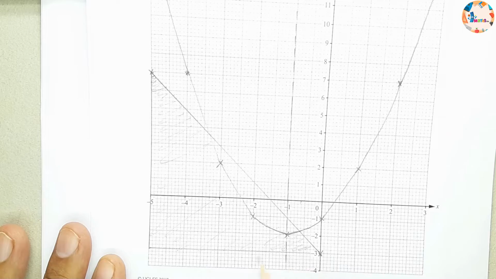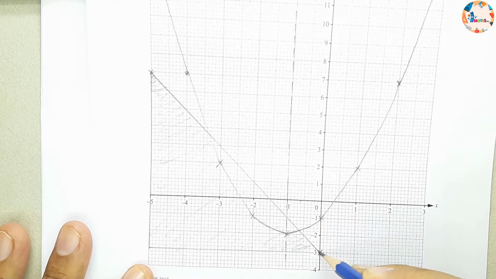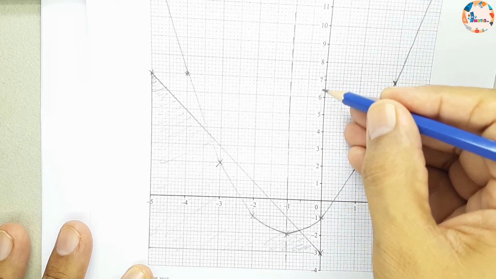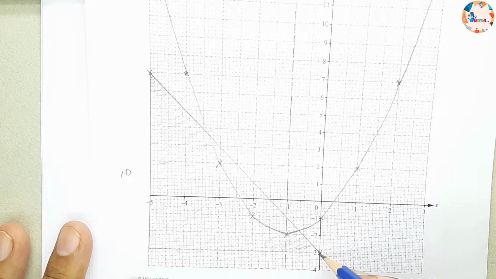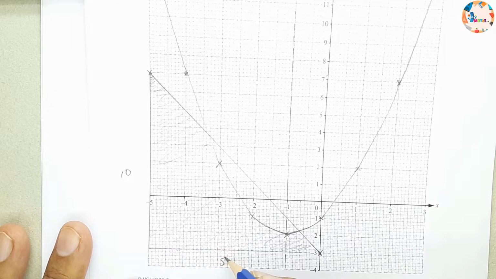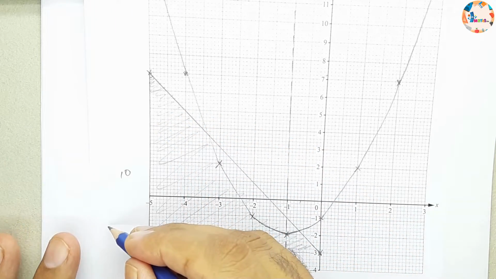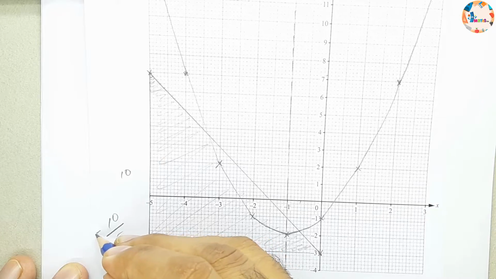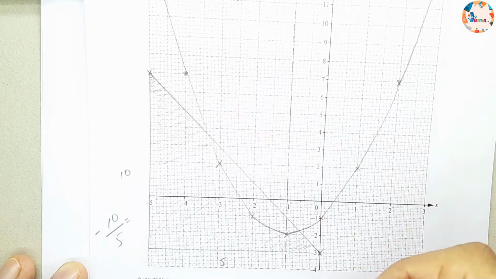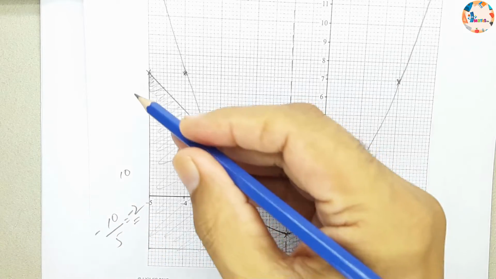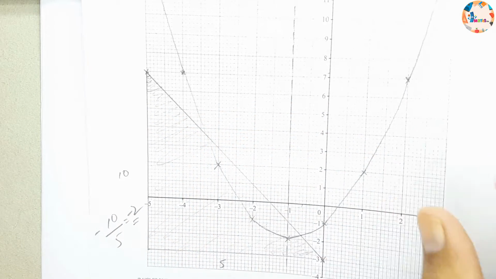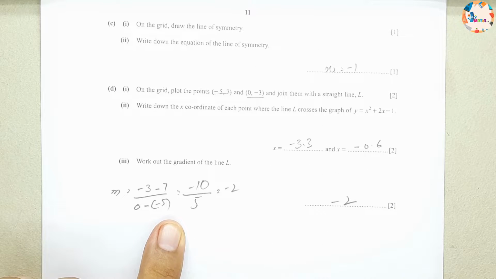In this triangle, the rise is from minus 3 to 7. This side will be 10 and this side will be 5, and because this is going down, 10 over 5 will be a minus value because the right side is going down, so minus 2 will be the gradient. So from the triangle as well as from the points with the formula, I have calculated this. Both methods, you can use any of them.